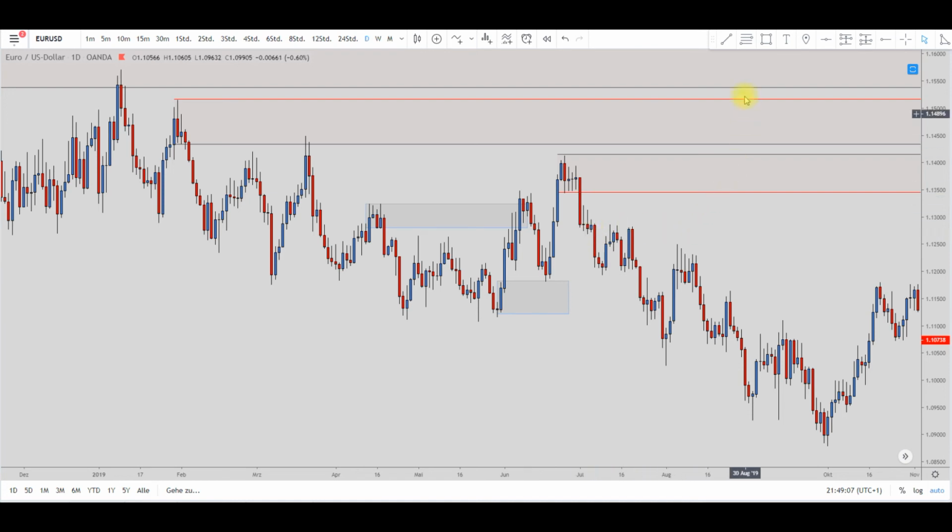Secondary supply down here, which was tested twice.